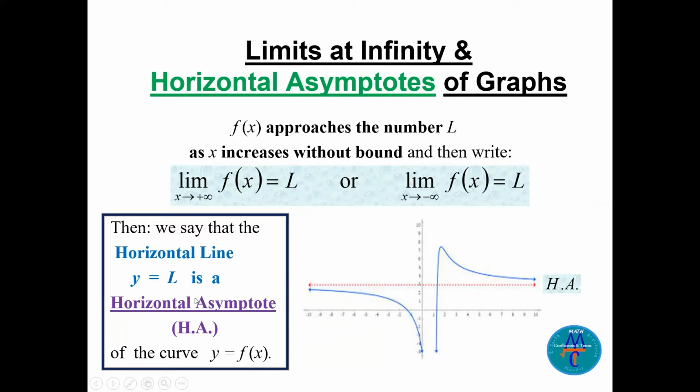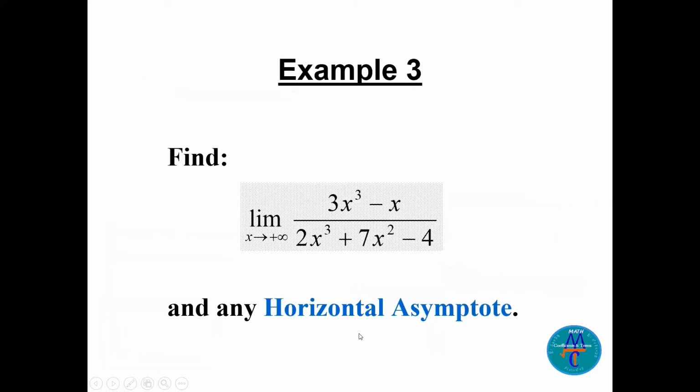This is a horizontal asymptote, HA, of the curve y equals f of x. Let's look at this question. Find the limit of 3x cubed minus x divided by 2x cubed plus 7x squared minus 4 as x goes to plus infinity, and find any horizontal asymptote if there is any.